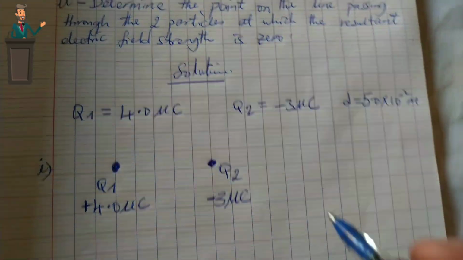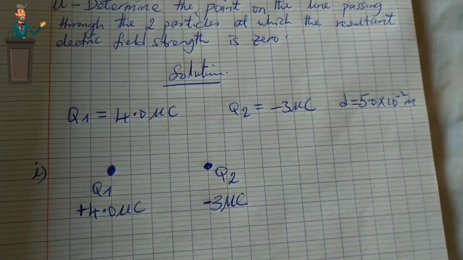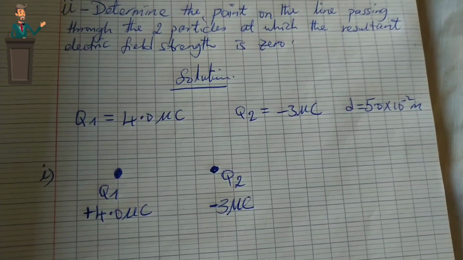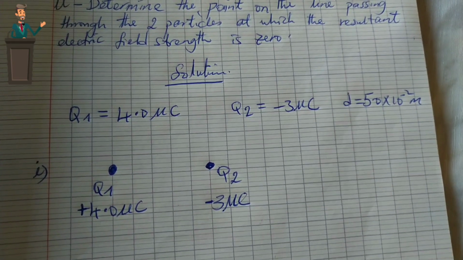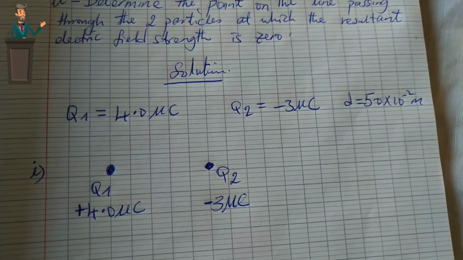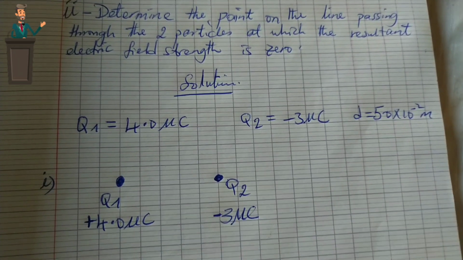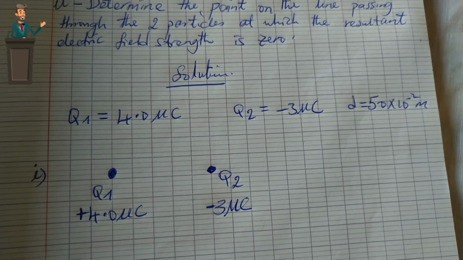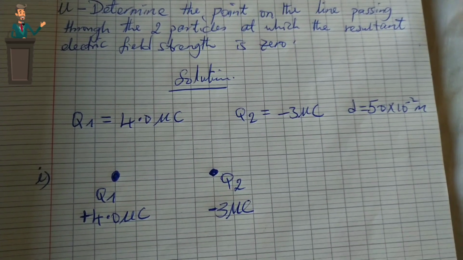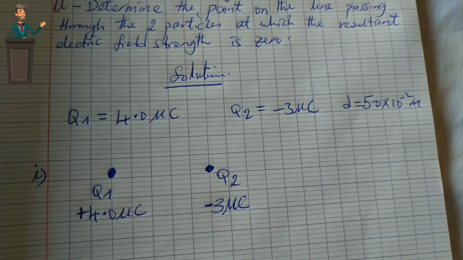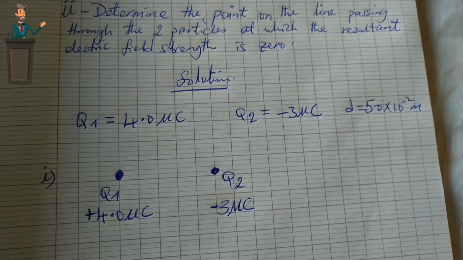That means that the electric field lines will move from the positive charge to the negative charge. In other words, we know that the electric field lines are centripetal for a negative charge, but they are centrifugal for a positive charge.